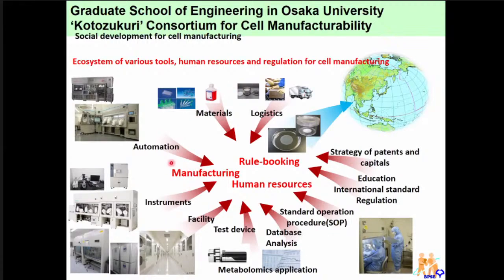So I mean manufacturing, rule making, and human resources gather at the same time to develop. That's Kotozukuri in Japanese. In our laboratory, we want to perform Kotozukuri using the consortium. That means not only development of manufacturing tools, but also regulation development, regulatory science, and human resource development, the education.